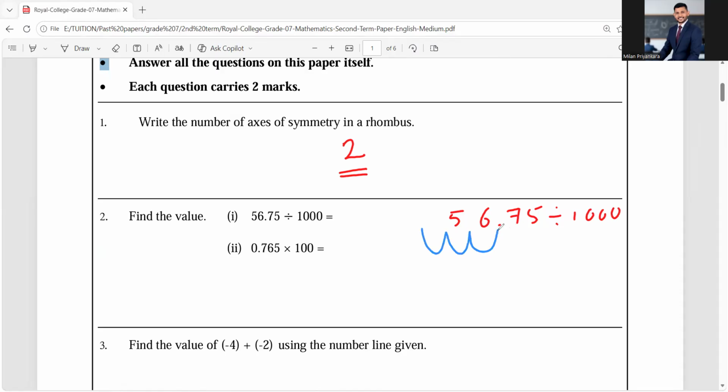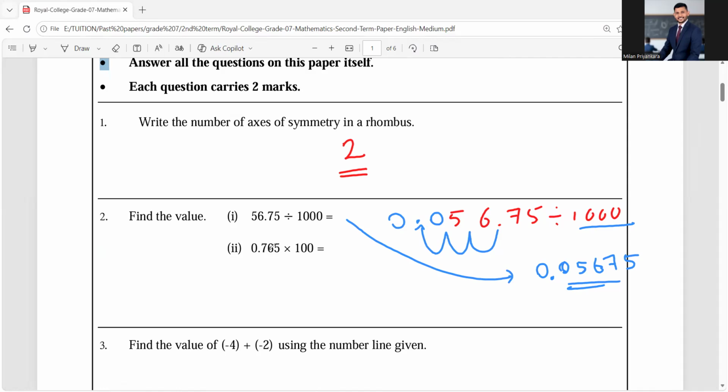Here you have to carry it 3 places, because there are 3 zeros. Then you move 3 places to the left and place the decimal point there. Then you can write 0 point, something like this. The answer here is 0.05675. Now this is the answer for this first part.